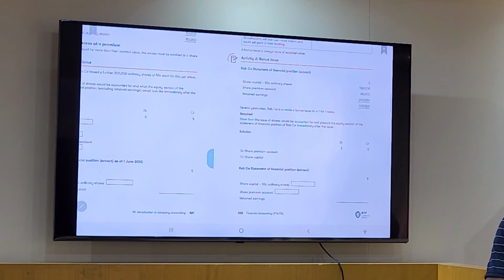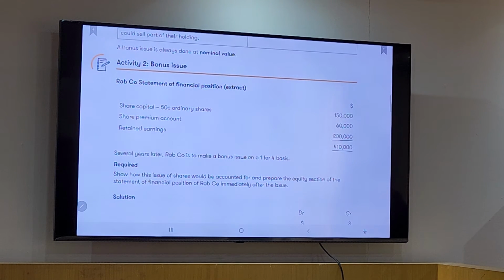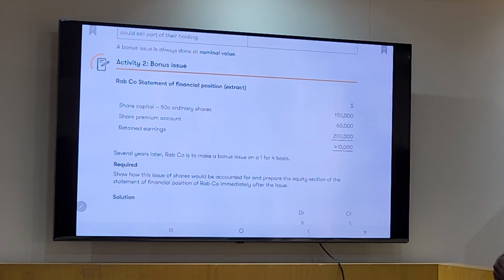What is important here? 1 to 4 basis. The company has how many number of shares? 300,000 shares.